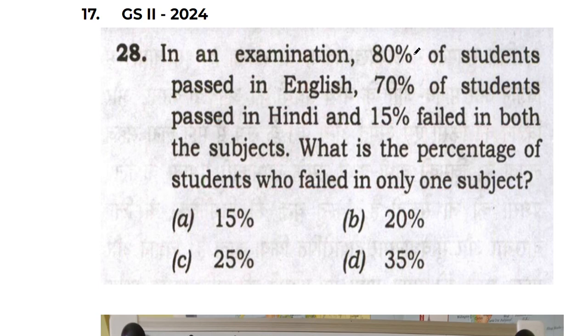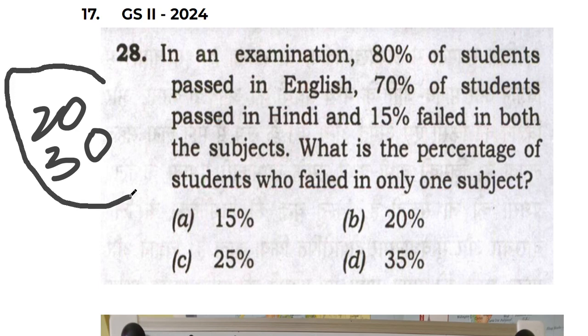So if 80 passed in English, we can say 20 failed in English. Can we say that? Similarly, if 70%, that is 70 students, if we consider n as 100, passed in Hindi, that means 30 students failed in Hindi. Okay, this is the total number of failed students in different subjects.